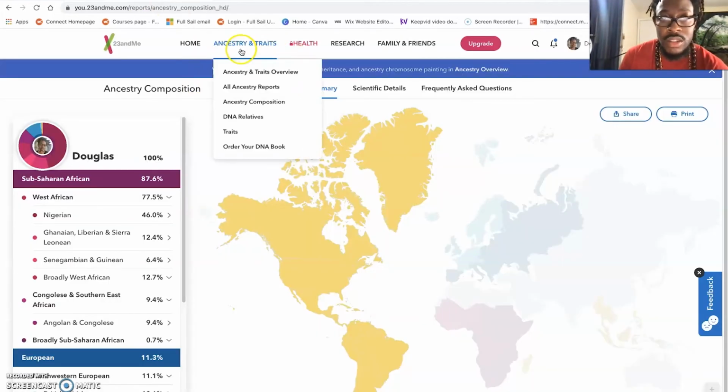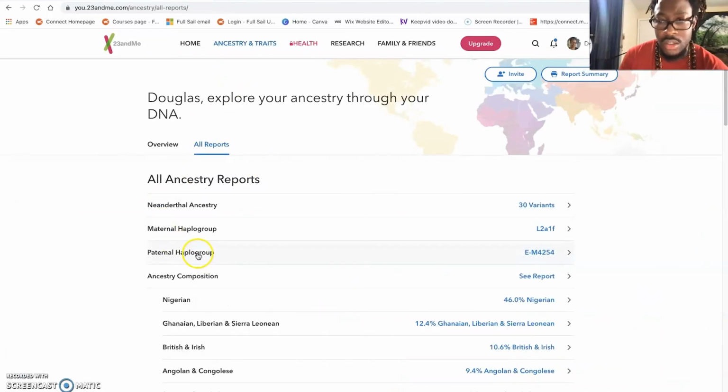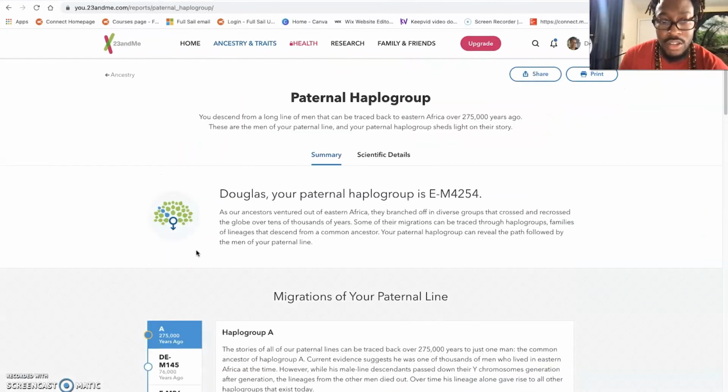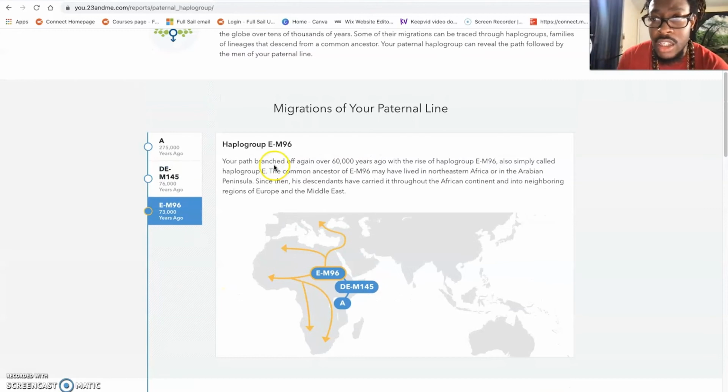So remember when I came here and I was under my Y haplogroup for my father's paternal group, and we get the E, we say your paternal branch off again over 60,000 years ago with the rise of the haplogroup E-M96, also simply called haplogroup E. The common ancestor E-M96 may have lived in northeastern Africa or in the Arabian Peninsula.